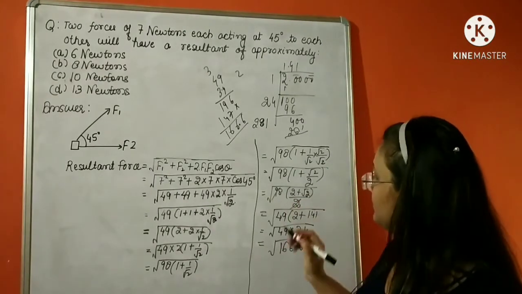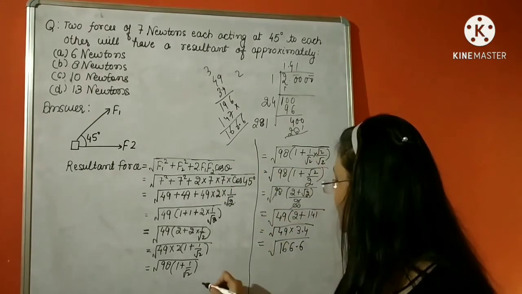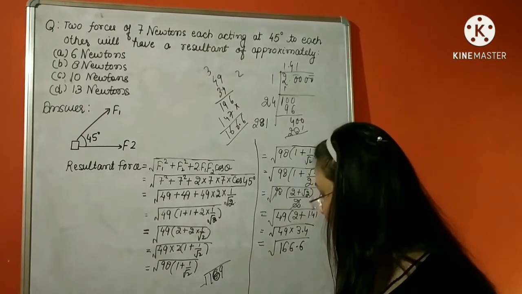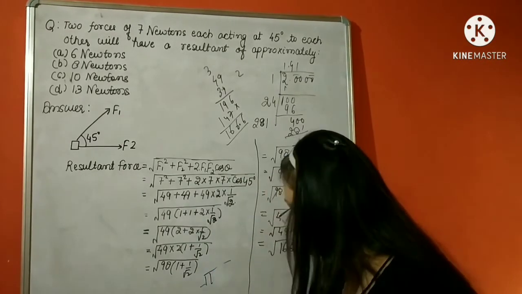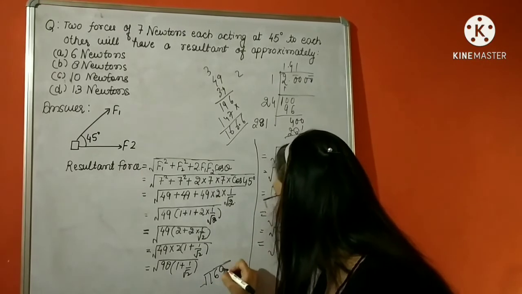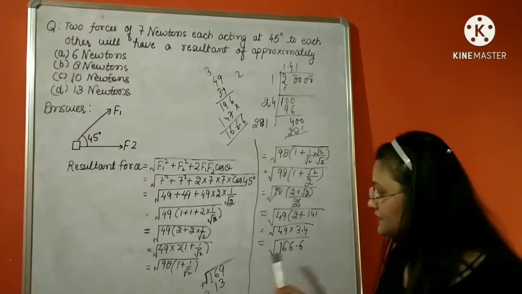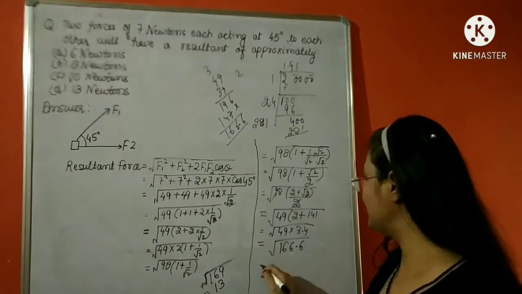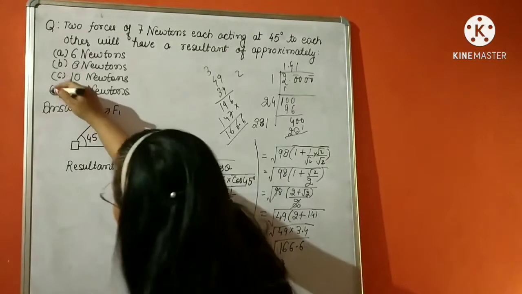We know the square root of 169 is 13, and this value is very close to 169. Here it is given approximately, so the answer will be approximately 13. So option D is the right answer.